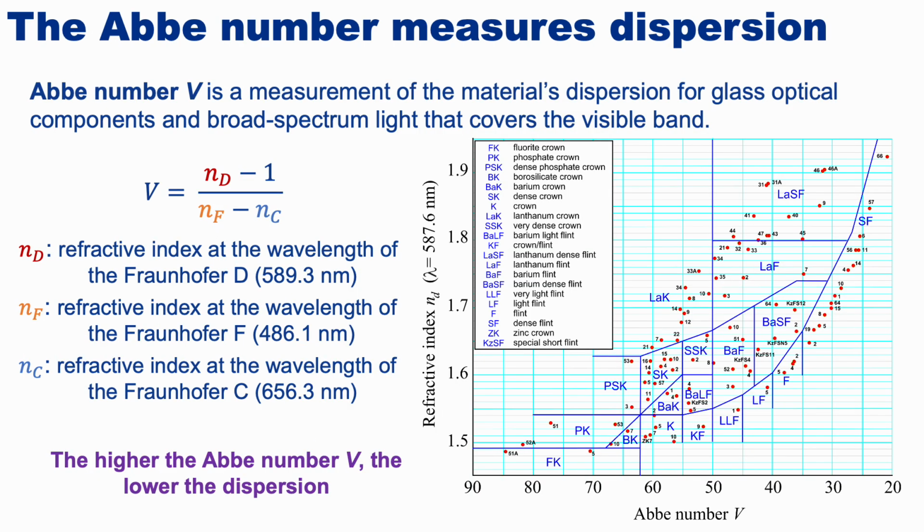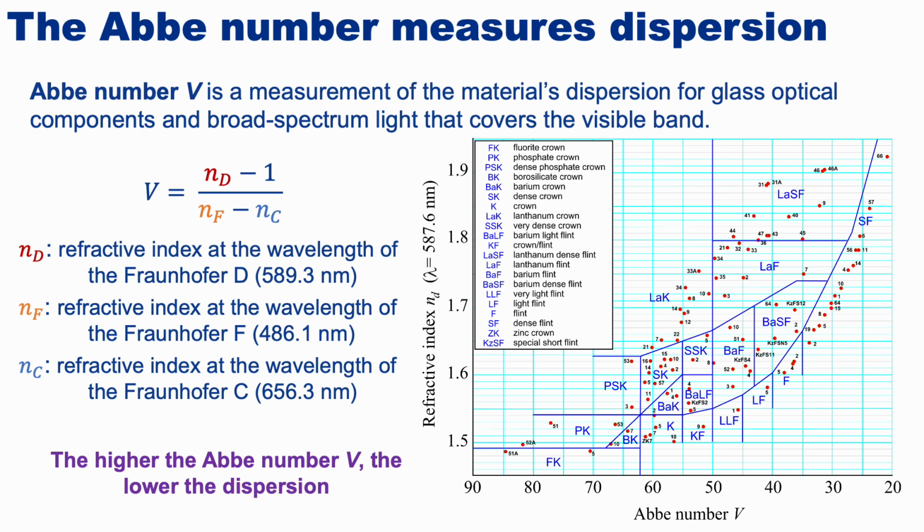So how can we measure the dispersion, how can we measure that speed delay of the light in a medium versus the wavelength? There are three different parameters. The first one is the Abbe number, and we need to provide the refractive index at three different wavelengths and do the equation.